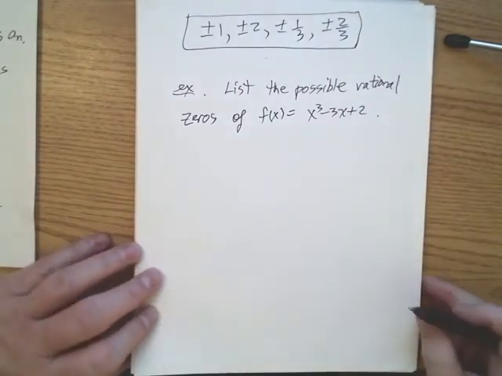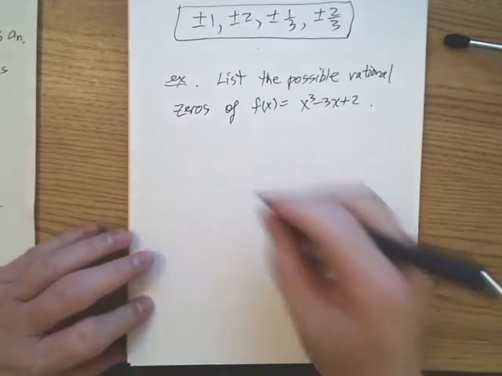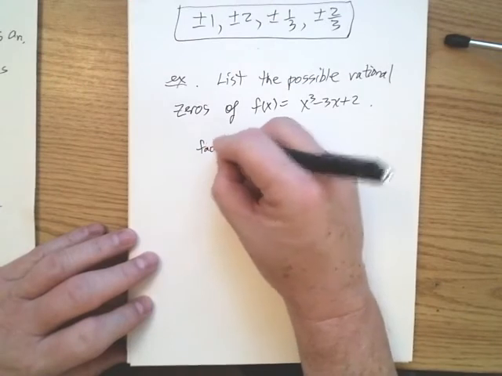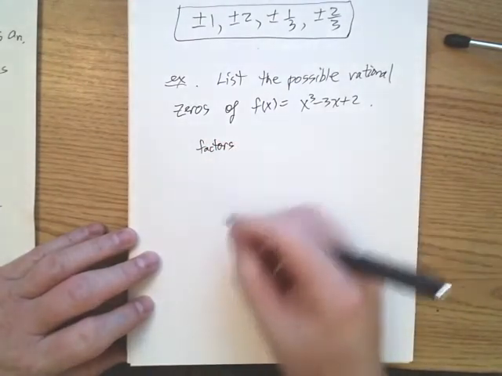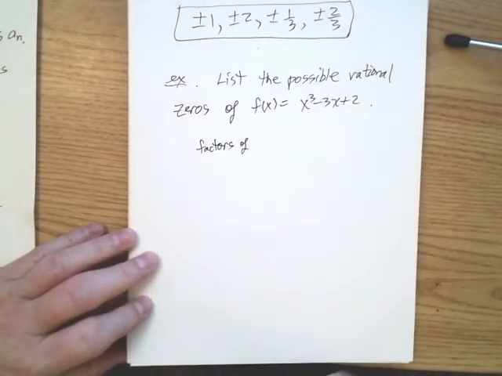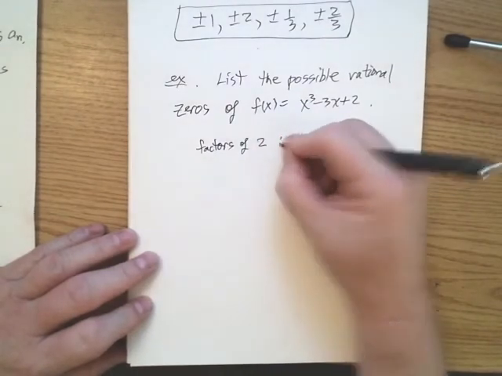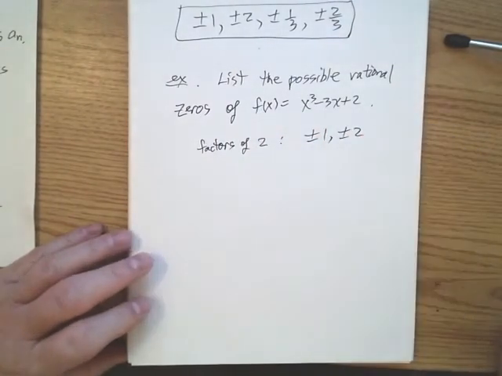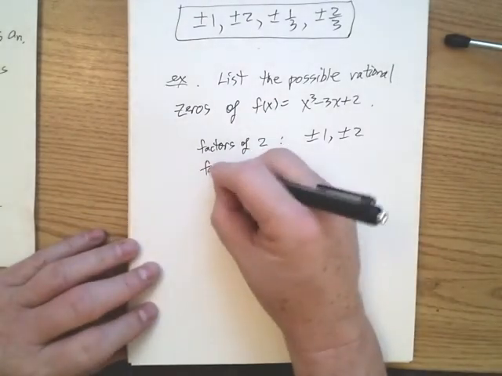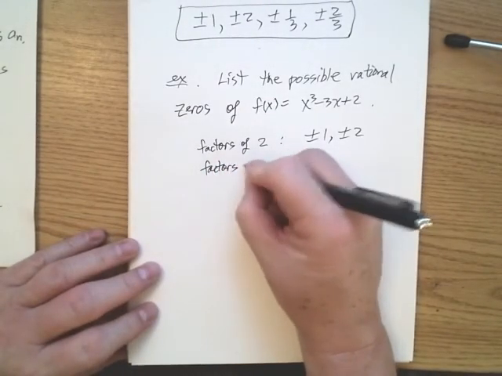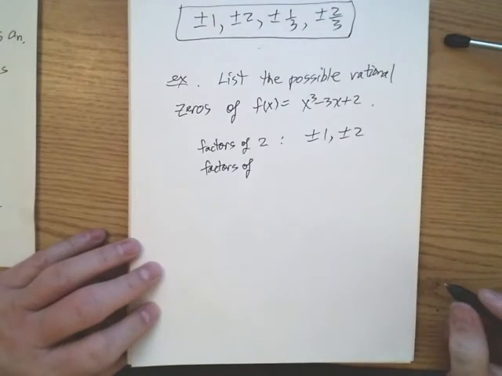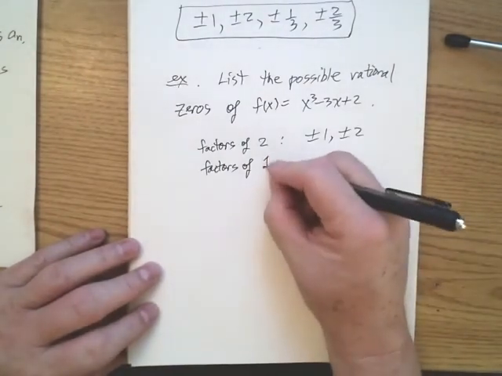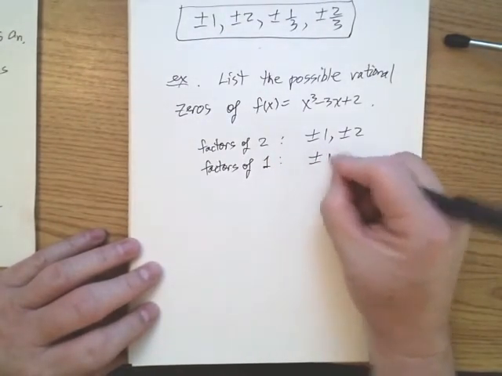All right. Now what goes on top? Factors. Notice these are integer factors, so I'll just say factors this time, of 2. Plus or minus 1. Don't forget it's plus or minus 2. Factors of, what's the leading coefficient in this case? 1. So this is going to be plus or minus 1.